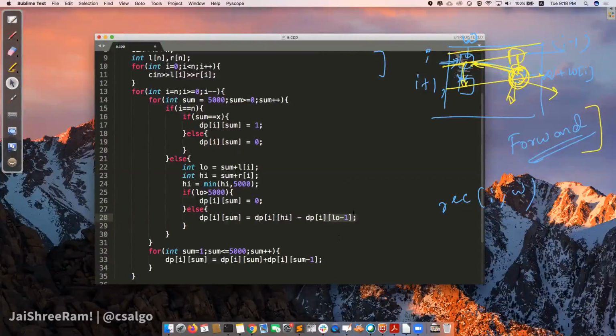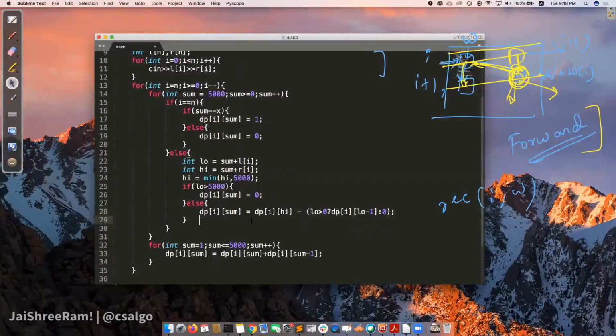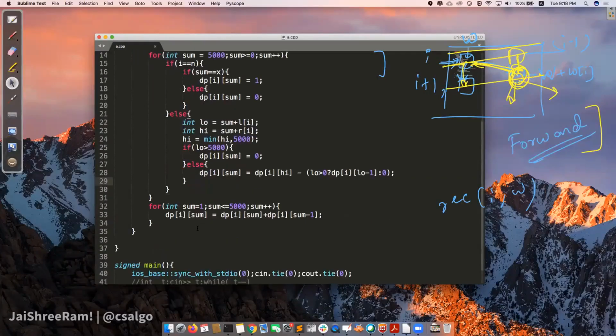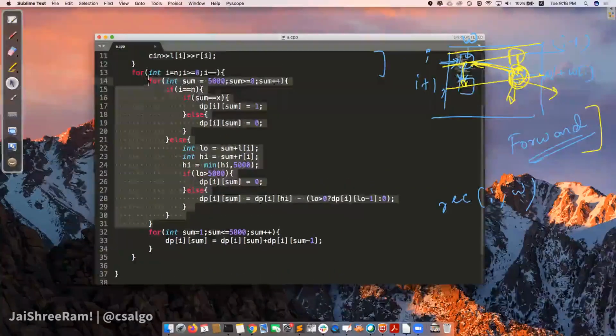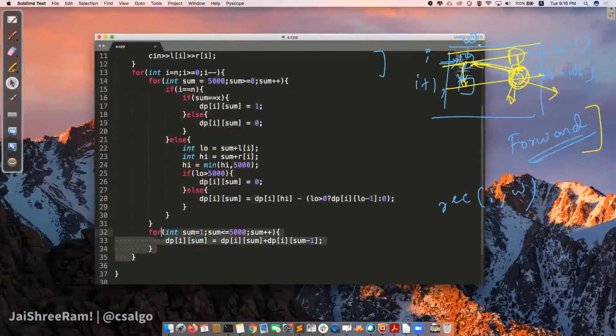So I can write it something like this: if low is greater than 0, then use low minus 1, or else use 0. And with that done, we now have the correct value at dp of i. That's it. When this loop ends, we know the correct value for this particular row, calculate a prefix sum, and then go to the previous row, right? This is how you can do this.